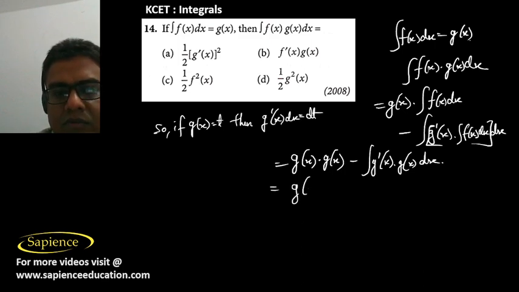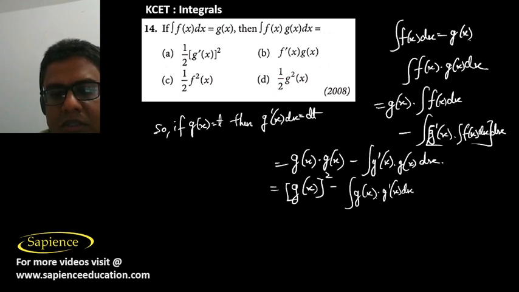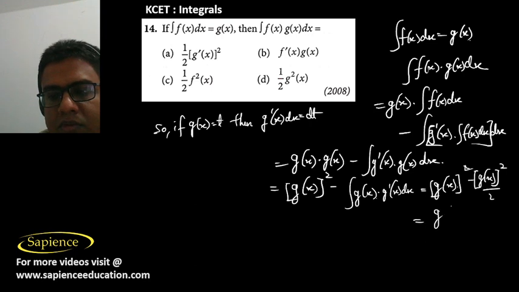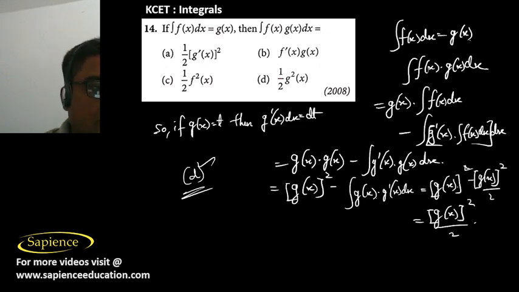So this will be g of x whole square minus integral of g of x into g dash x dx. This is t dt. So this is t square by 2. So this is g of x whole square minus g of x whole square by 2. So this will be equal to g of x whole square by 2. So this is option D. Option D is the correct answer.